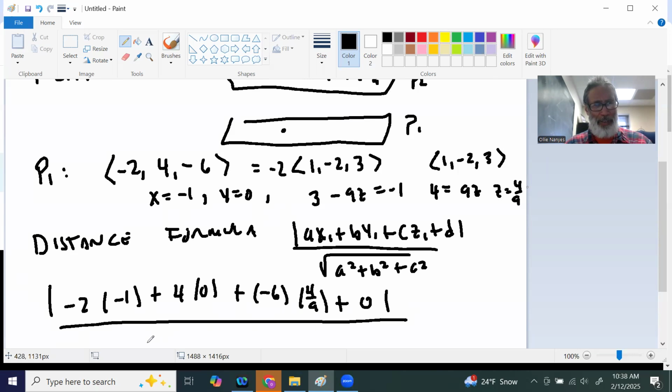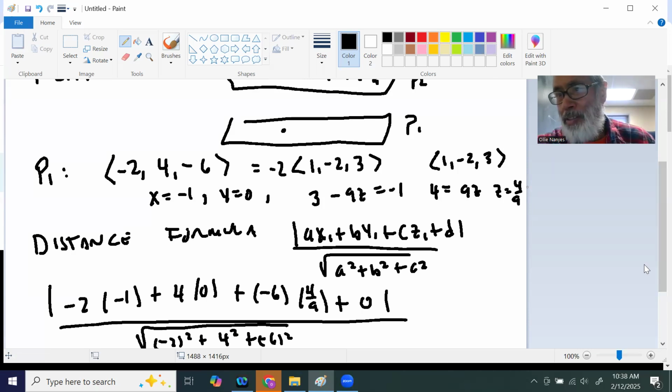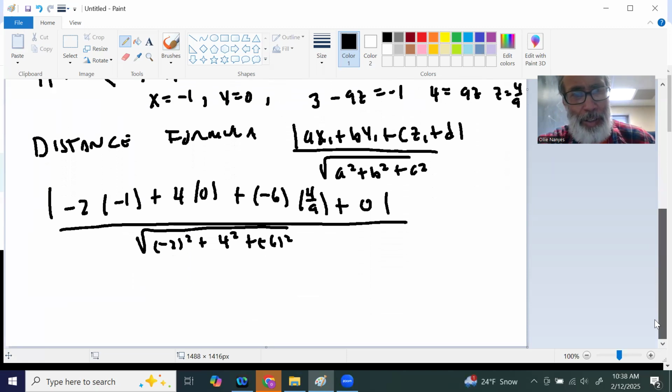And we have the square root of -2 squared plus 4 squared plus -6 squared. And that one turns out to be 2.